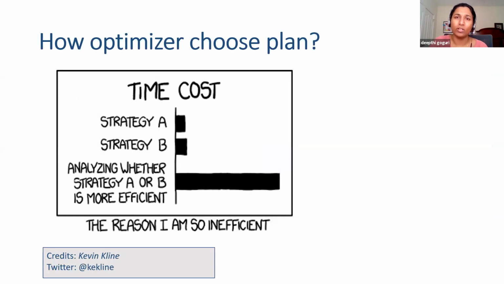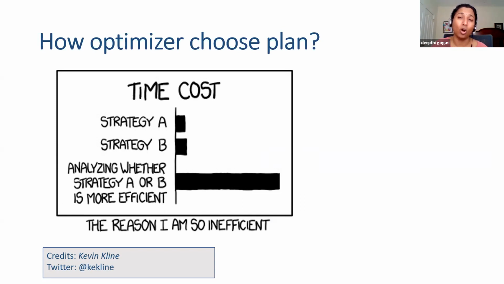If I tell the same concept in a very simple way, let's take a query, right? An optimizer analyzed some of the optimization rules and thought execution plan A will be better at 3 milliseconds, and it thought execution plan B will be better at 3.5 milliseconds.